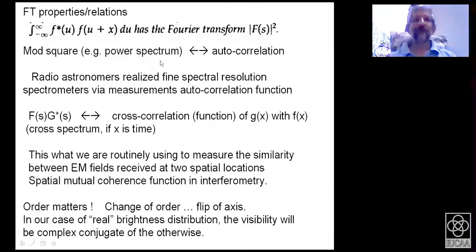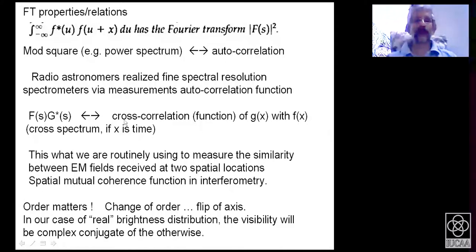And people have used this profitably in olden days, where one found it difficult to build spectrometers. So one took the signal from the sky and performed autocorrelation on the signal, measured the autocorrelation function, and later leisurely Fourier transformed it to get the spectrum and to get the spectral information.